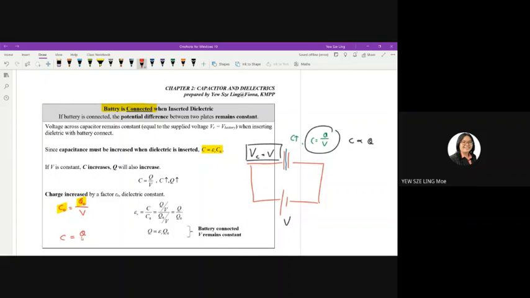And then C equals Q over V. Plug it into the equation and you get a new equation: Q equals epsilon R Q naught, or rearranged, epsilon R equals Q over Q naught. So that is another equation for you to calculate the dielectric constant, provided the battery is connected and V remains constant when you insert the dielectric. Otherwise, you cannot use this equation. If you're not inserting a dielectric, or if the battery is not connected, you cannot use this equation.